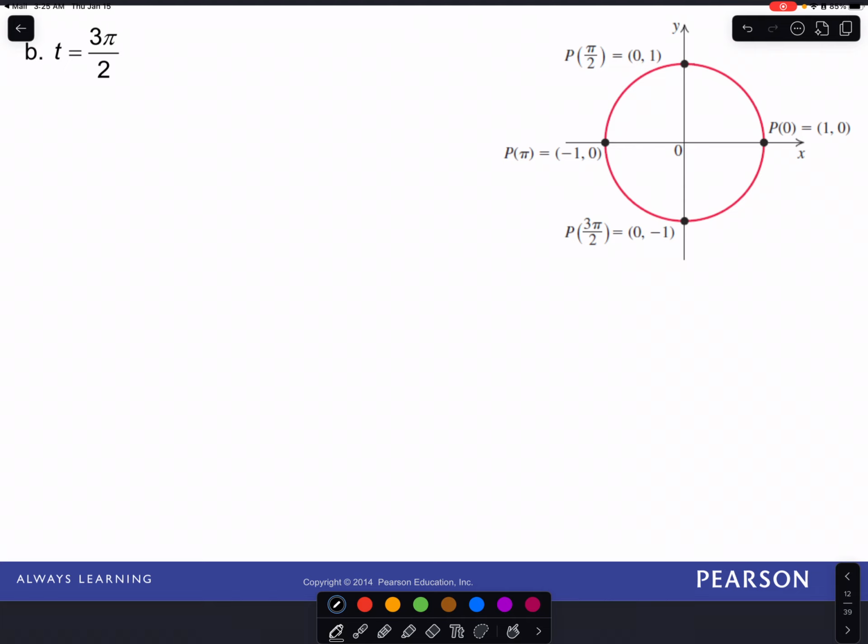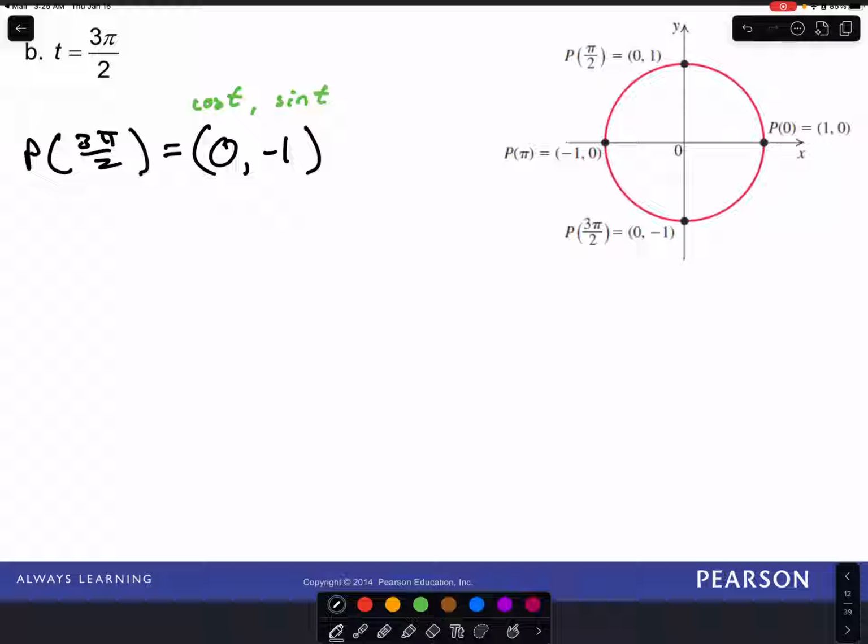So let's do here 3 pi over 2. That corresponds to the ordered pair 0, -1, right? Keep in mind that this is the cosine of t, and this corresponds to the sine of t, okay? So then from there, we should be able to generate everything.